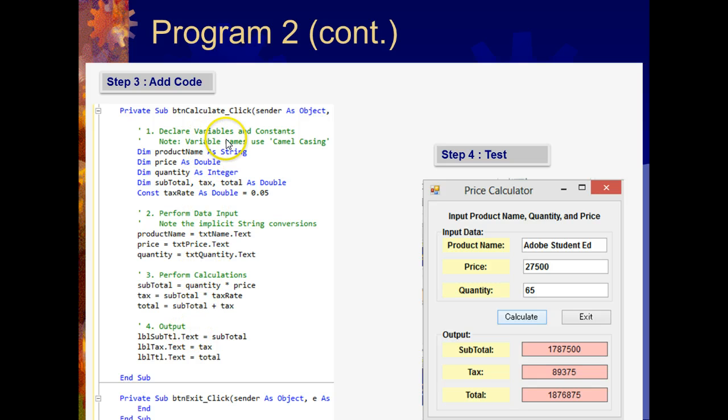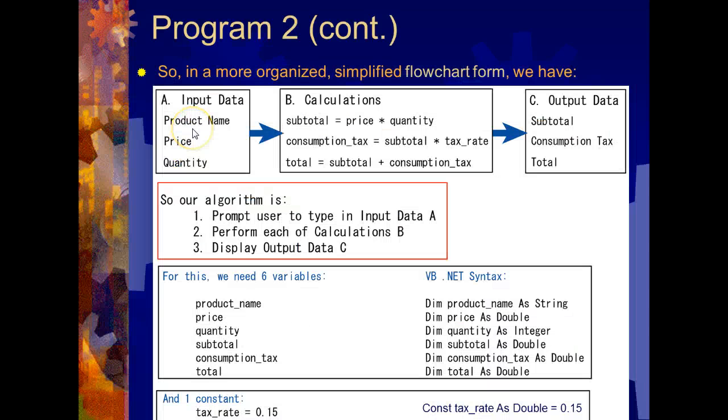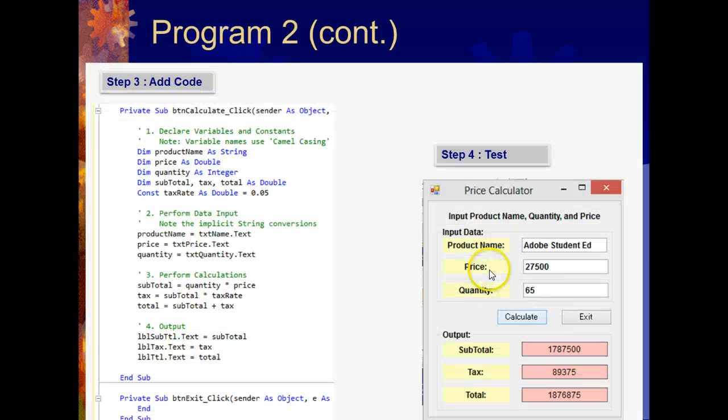Okay, so declare the variables. Here we talked about using several different variables: product name, price, quantity, subtotal, tax total, and tax rate, which is a constant. We declare them just the way we talked about declaring them over here. So we just do that here, and we decided to assign tax rate as double, and here it changed it back to 0.05.